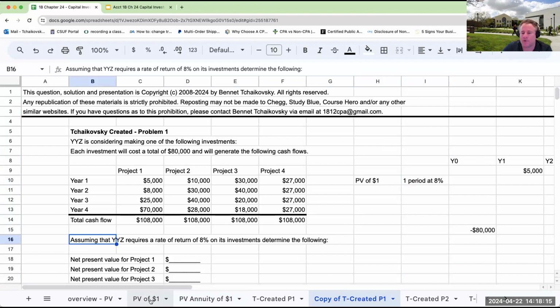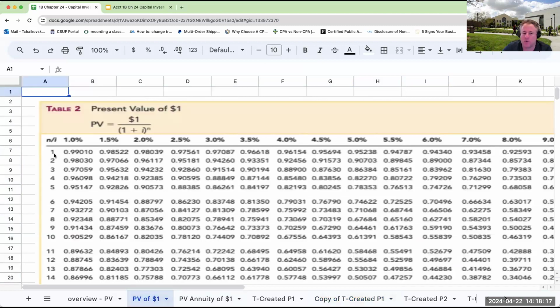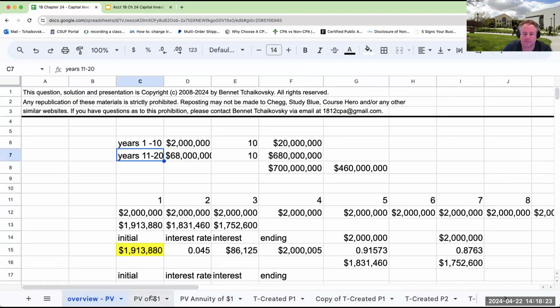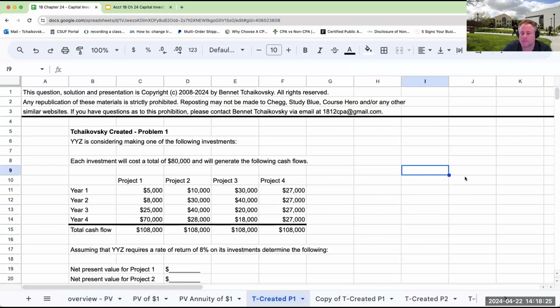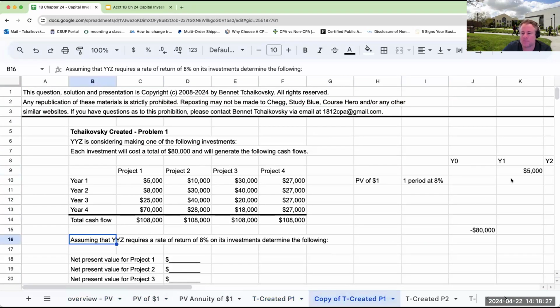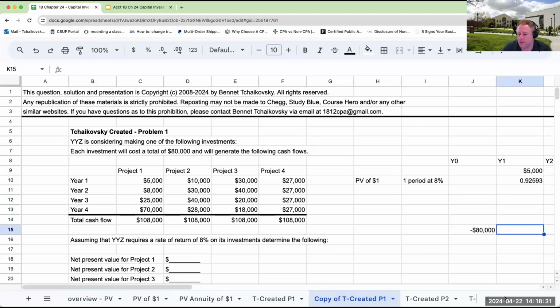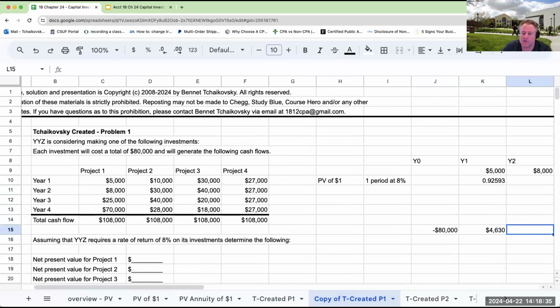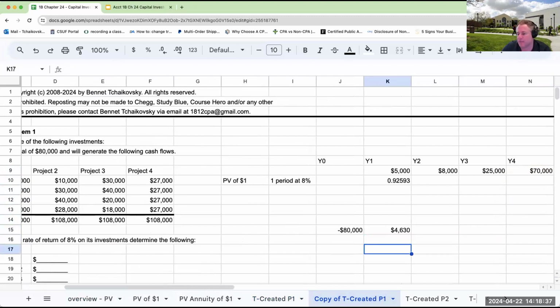So when I go to the present value of a dollar, one period at 8% is 0.92593. So the present value of that $5,000 in today's dollars is $4,630.